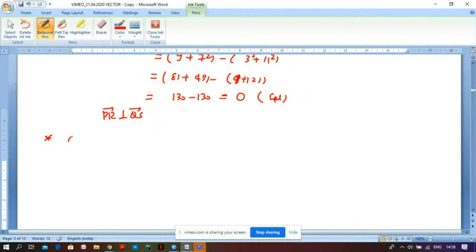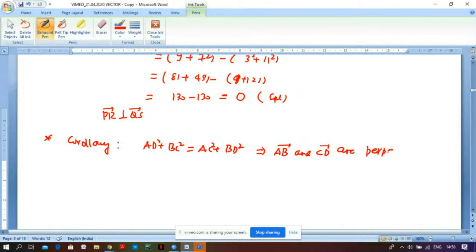So this is a corollary: if AD squared plus BC squared is AC squared plus BD squared, this will imply that the vectors AB and CD are perpendicular, because you are getting 2AB dot CD.